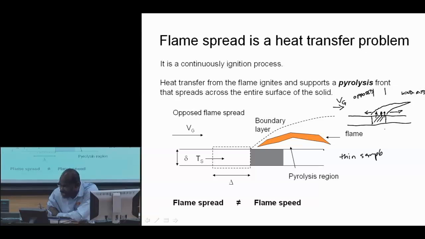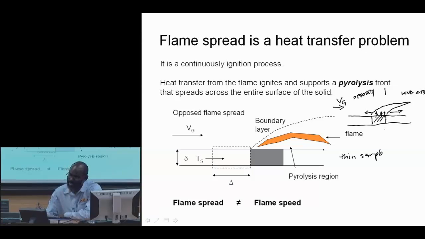I can think about this perhaps as XP in this positive direction, and XP in the negative direction. And what we're looking at is dXP/dt when we're talking about this flame spread rate, where dXP in the positive sense, in the wind-aided direction, is faster than in the opposed direction.